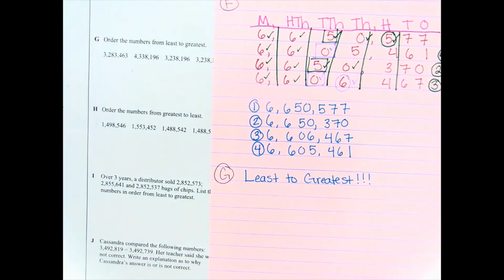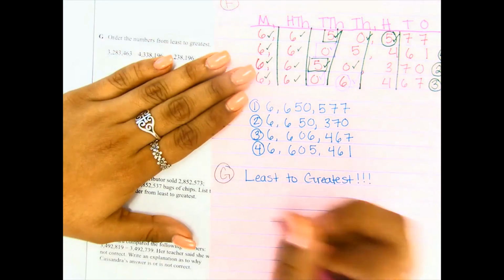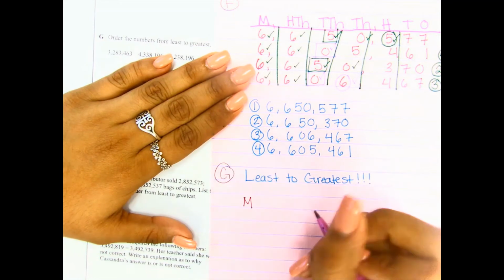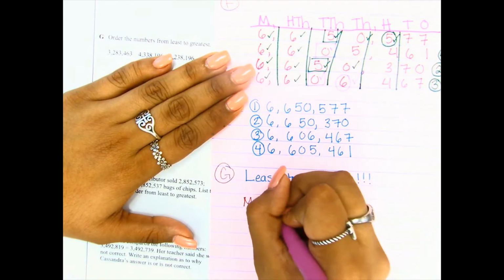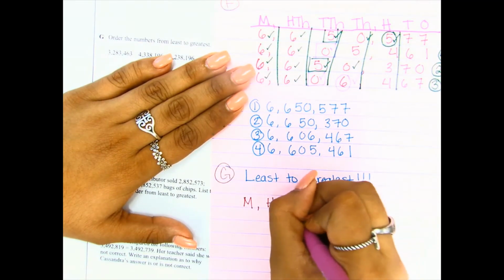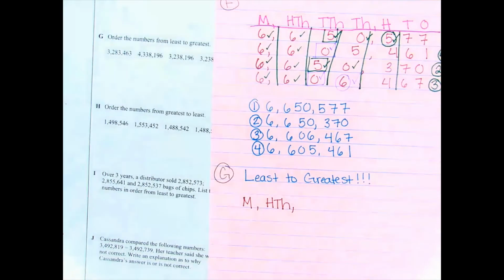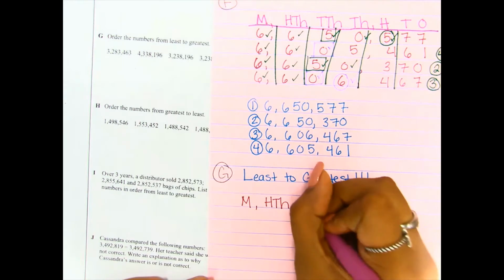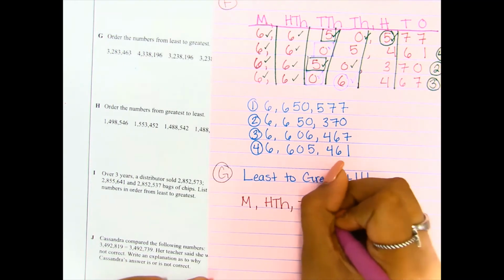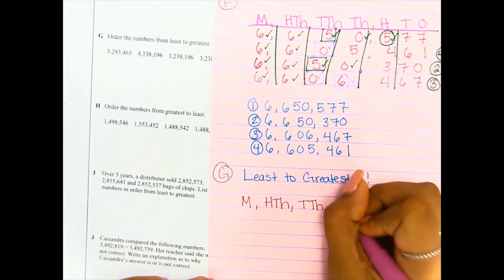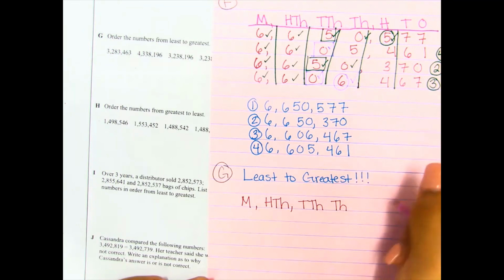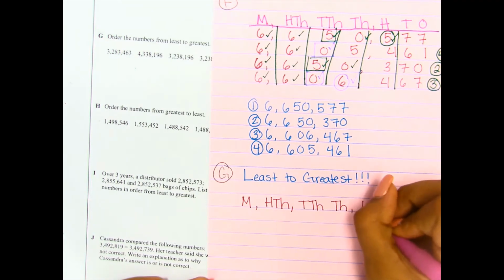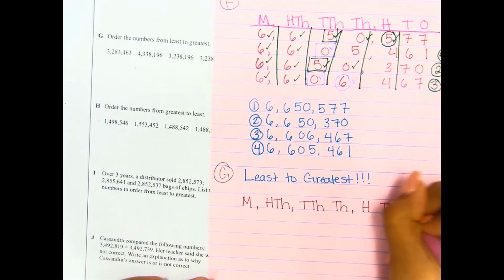I'm going to start off with my place value chart, like I always do, and I know that I start off with my millions, and then my hundred thousands, onto my 10,000s, then onto my 1,000s, my hundreds, my tens, and my ones.